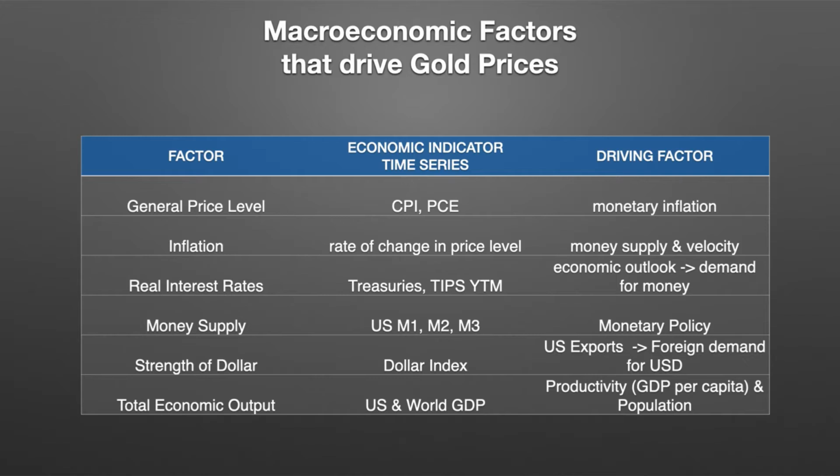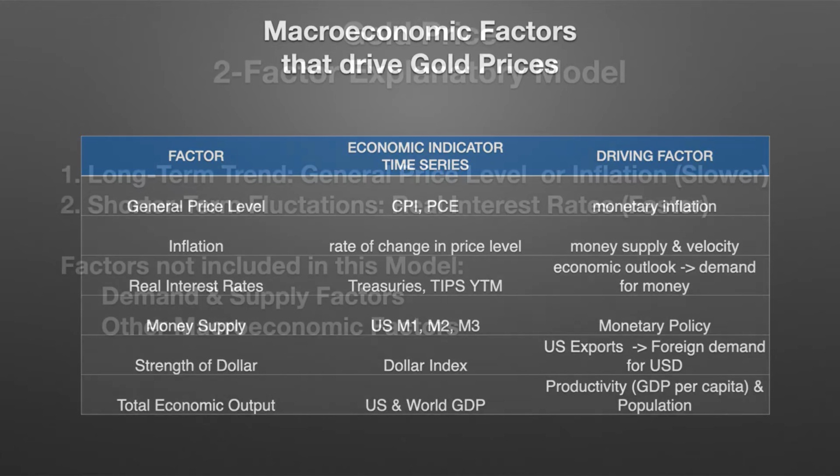There are the real interest rates, which are the Treasury yields on inflation-protected securities. There's also the money supply, with measures called M1, M2, M3. There's the strength of the dollar, the dollar index, and the total economic output in terms of GDP. But I'm only looking at the general price level and the real interest rates in this discussion.